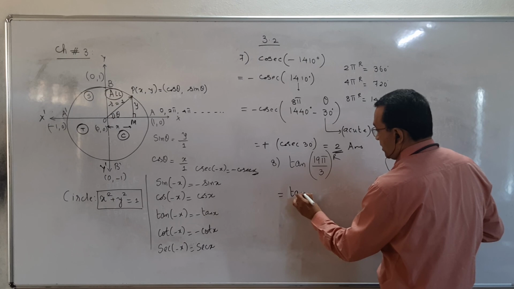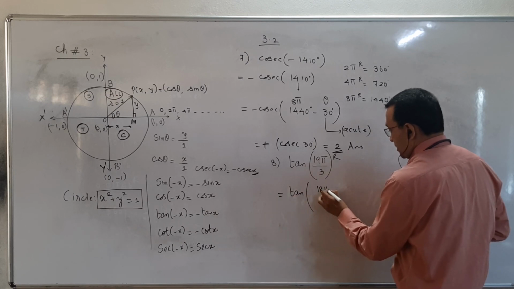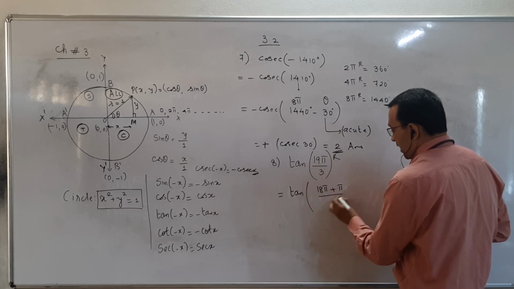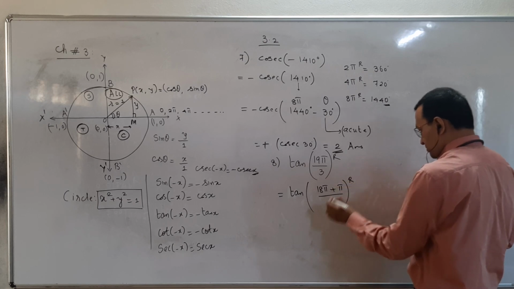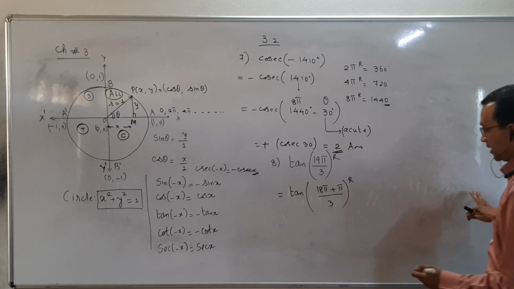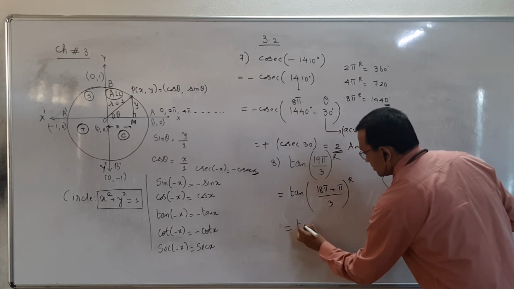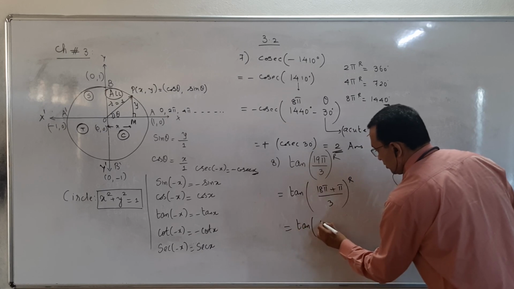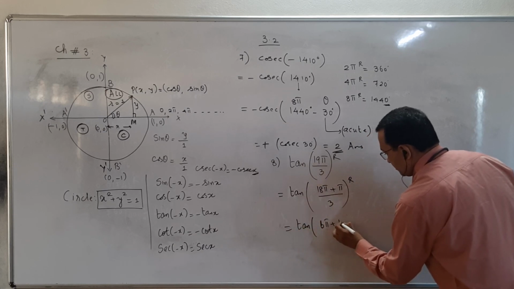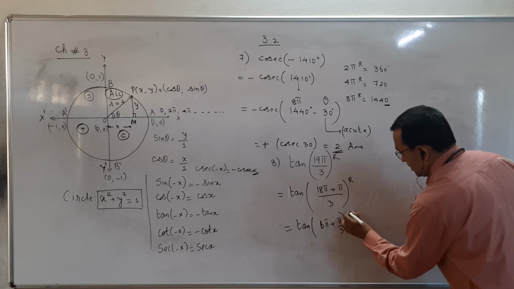So 19 pi is written as 18 pi plus pi by 3 radians. Take individual division, so this is written as tan of 6 pi plus pi by 3 radians.